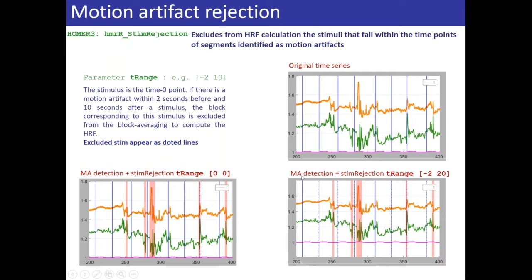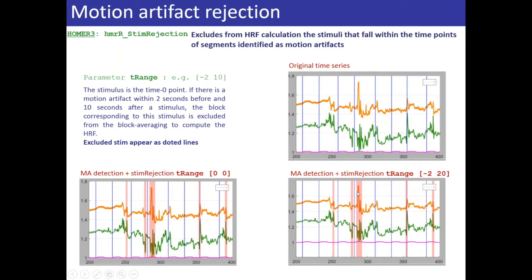So time equals 0 is here, and then we have a motion artifact here, and so it's excluded. If you look here, now we changed the time range from -2 to 20. We have the same motion artifacts, of course. And now many more trials are rejected. So now what it's looking at is, time equals 0 here, it looks at 2 seconds before and 20 seconds after.